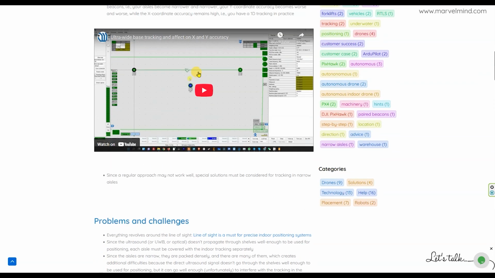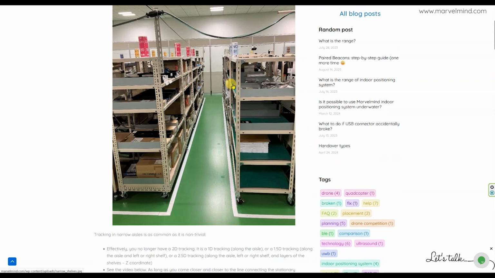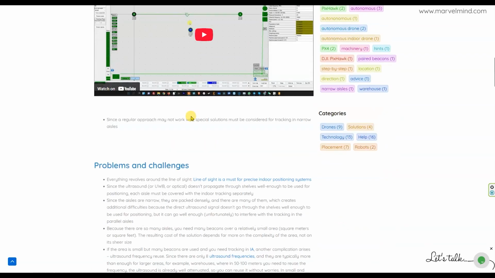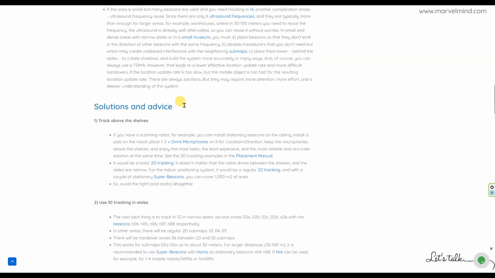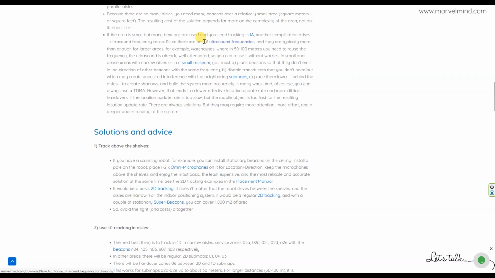And if you have very many small ALs, then you can quickly run out of ultrasound frequencies, because there are only 8 ultrasound frequencies in our system: 19, 22, 25, 28, 31, 34, and 45 kilohertz.